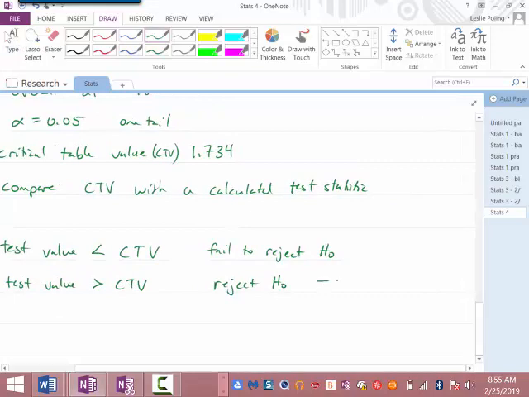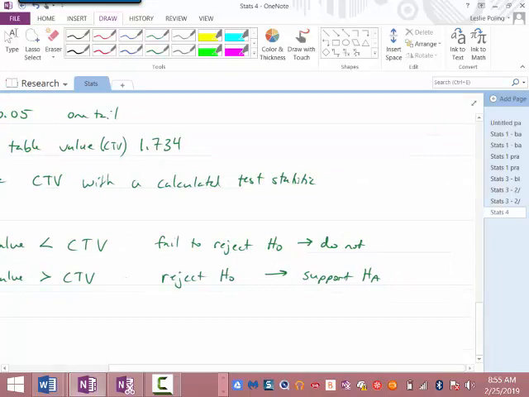If you reject your null hypothesis, that means you support your alternative hypothesis. If you fail to reject your null hypothesis, you do not support your alternative hypothesis.